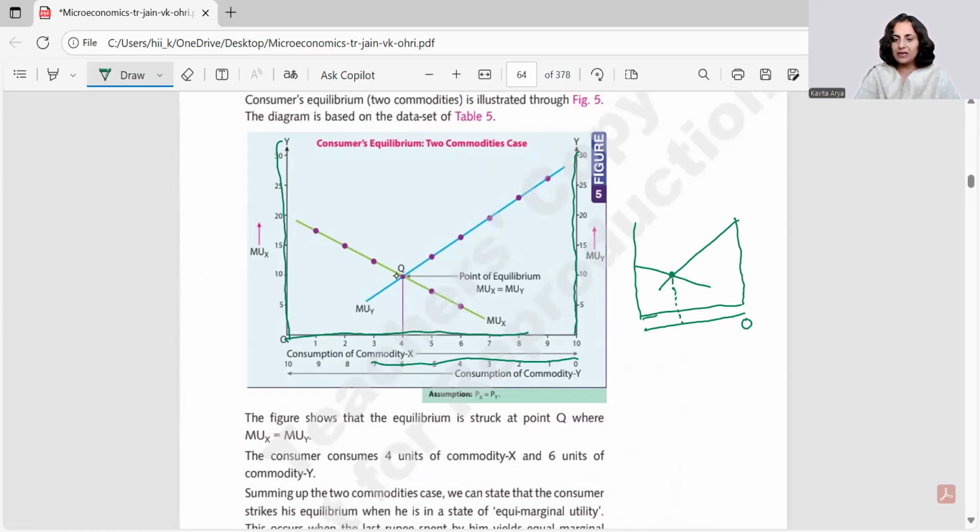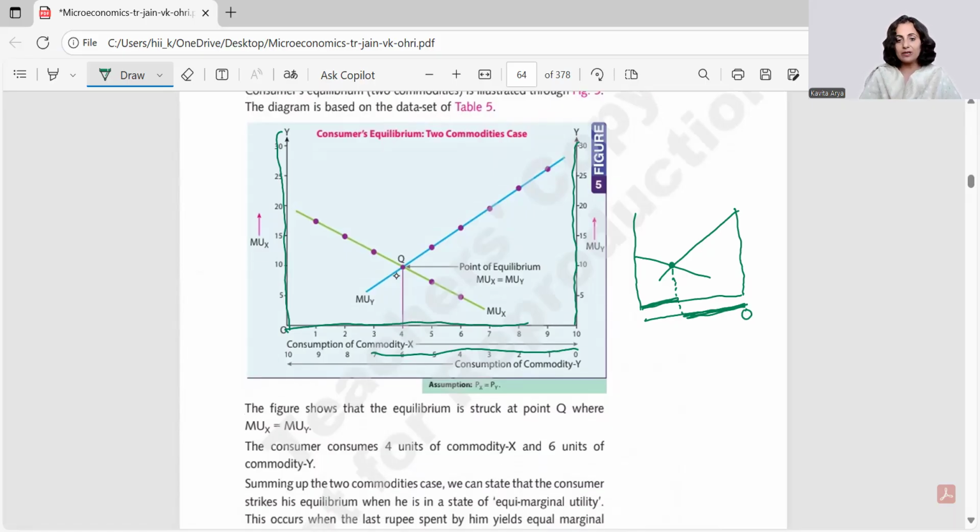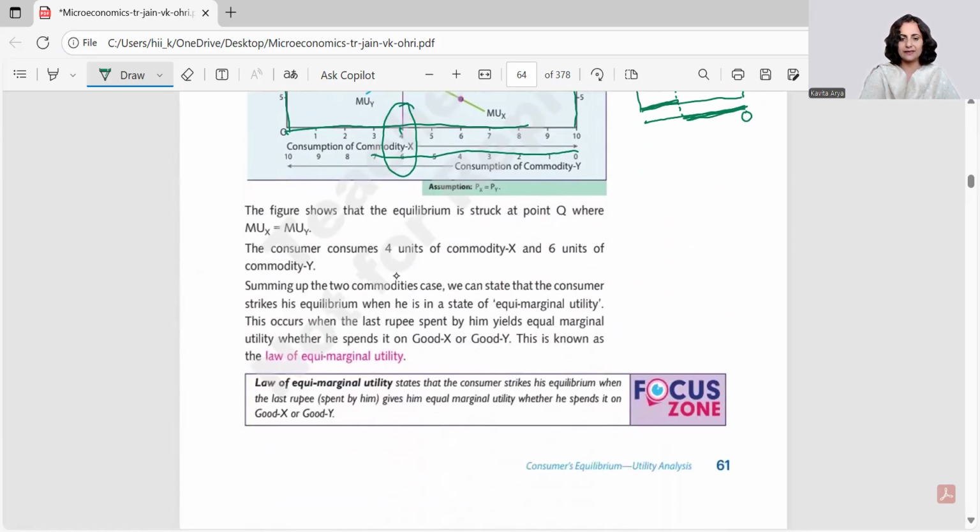So these many units of X and these many units of Y is my answer diagrammatically, right? Because this is the point of equilibrium, MUX is equal to PX here. So the answer is 4 units of X and 6 units of Y as depicted pictorially when dropped on the x-axis.